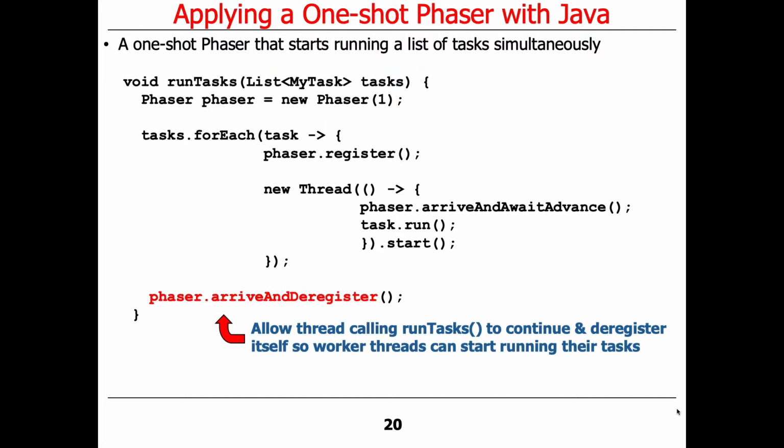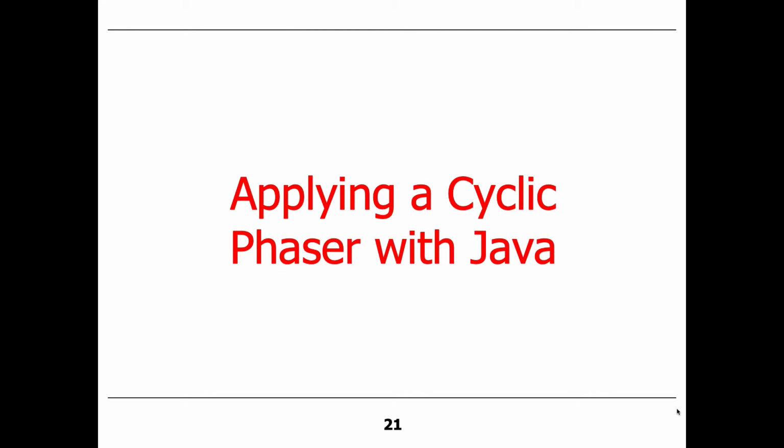Now, you could have done a cyclic barrier on this by saying new cyclic barrier with tasks.size, and you could have done a cyclic barrier that would have done almost exactly the same thing. But this is just a bit more dynamic way. Like, let's say you didn't know the number of tasks in advance. You had a stream of tasks or something like that, or a set of tasks that were coming from the user. This would be more dynamic.